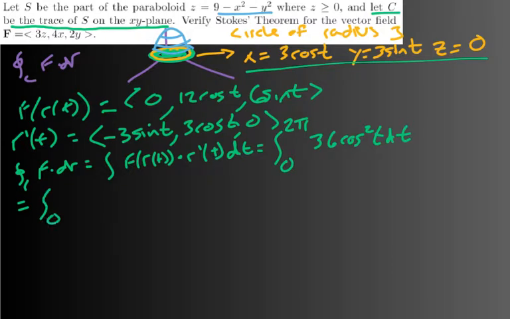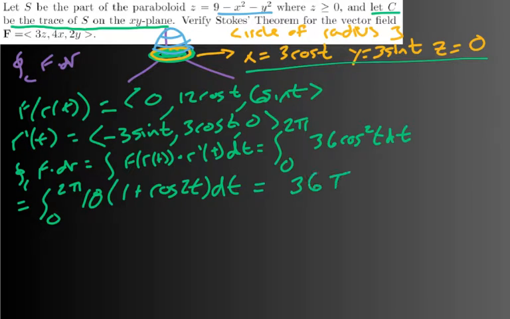To do that out, you can swap out cosine squared for 1/2 of 1 plus cosine 2t. So 1/2 of 36 is 18, multiplied by 1 plus cosine 2t. All nice integrals from there. You get 36 pi, I'll just tell you. So that is the line integral.